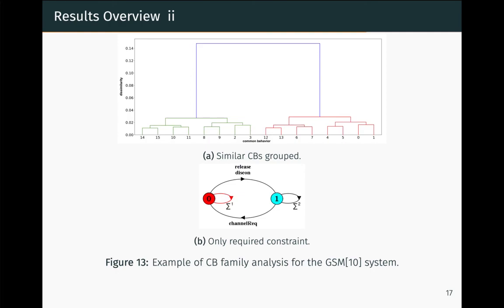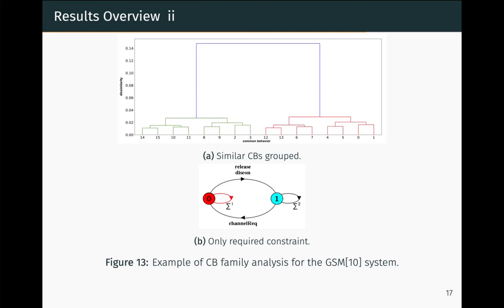As an example for one of the case studies, here we actually had 16 common behaviors. You can see on figure A how our Smith-Waterman distance actually gives the user a good view that this potentially has 2 separate families, as the group on the left has a much higher distance from the group on the right.